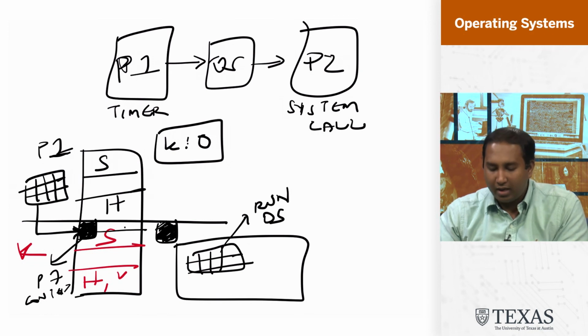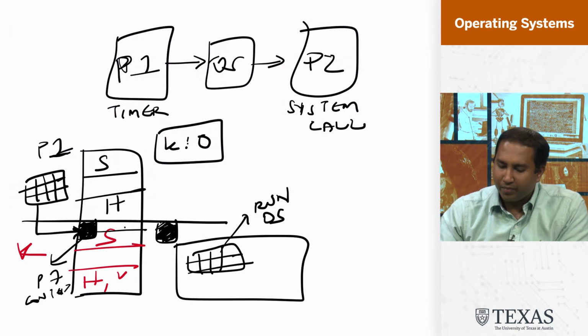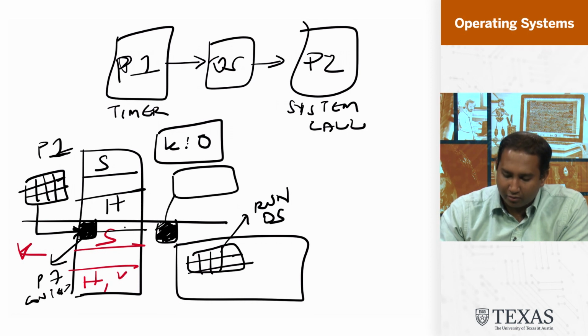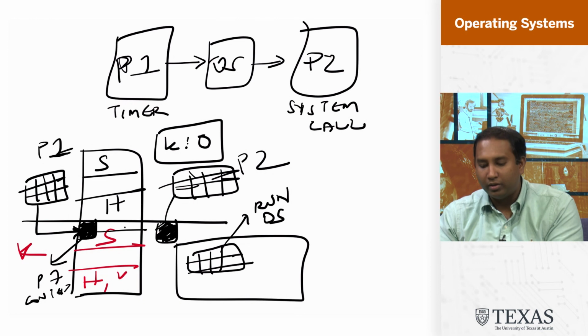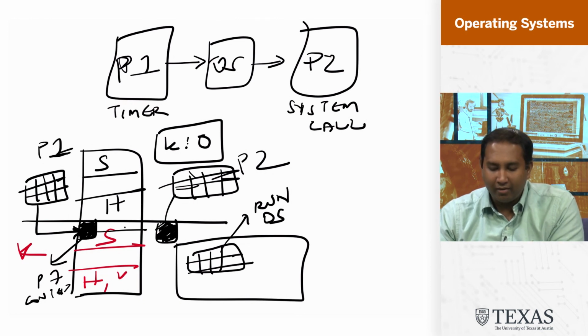Let's say it finds the context of P2, and then P2 is restored. All the registers of P2 are restored, a context switch happens, and from the OS you start to run P2.